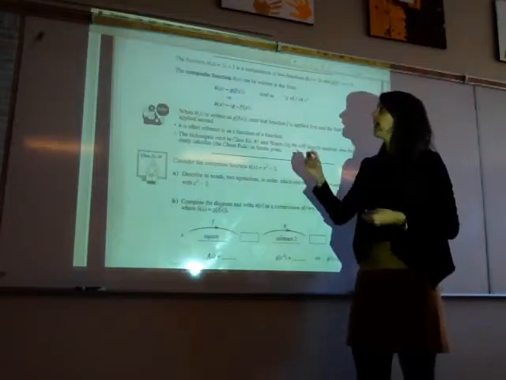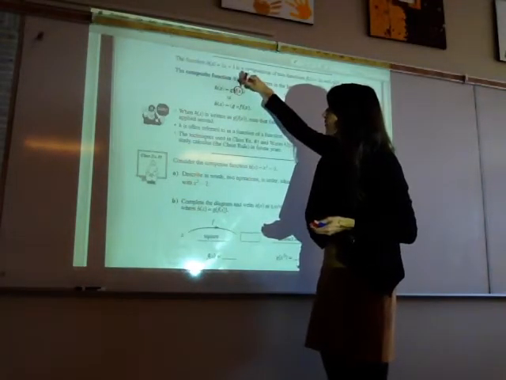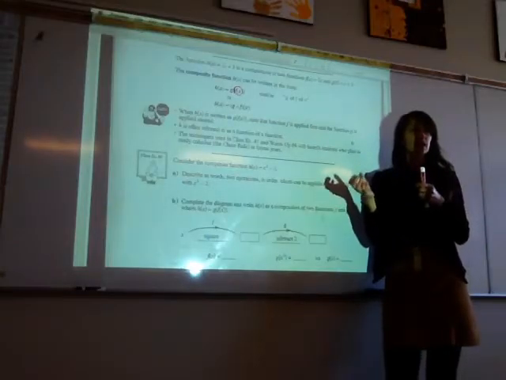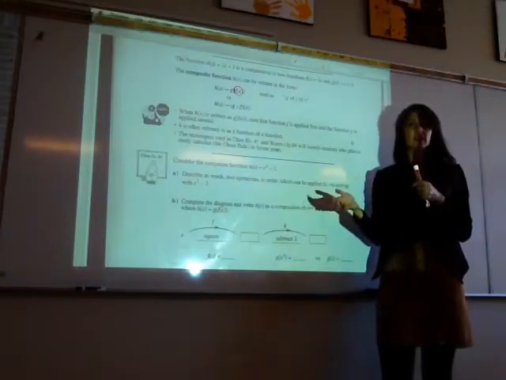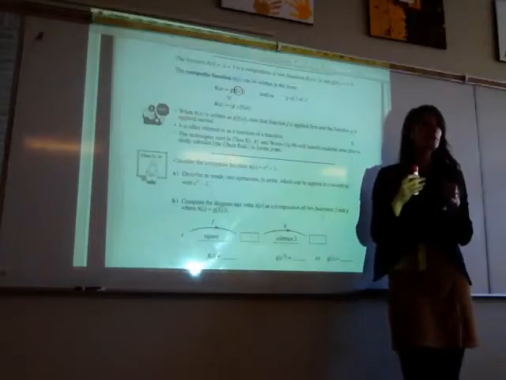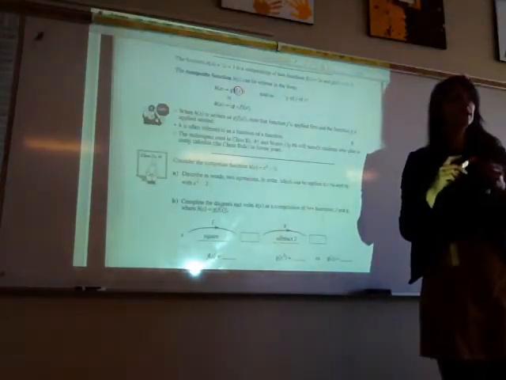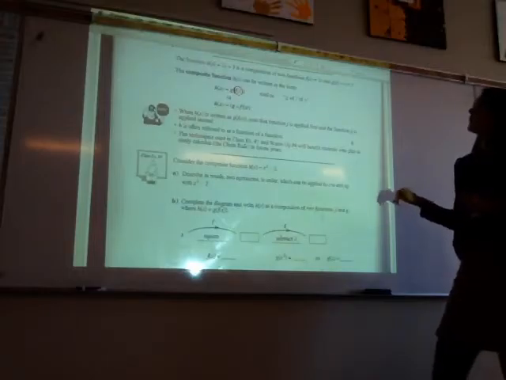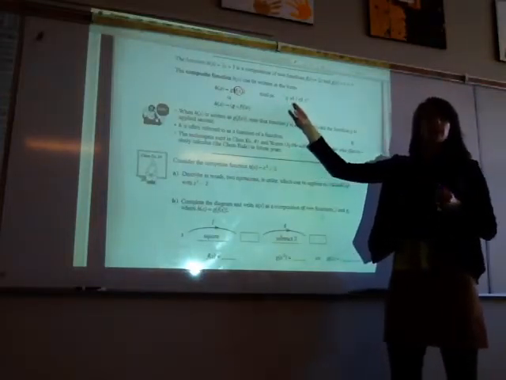Okay, notice that f of x is inside the brackets of g of x. So we're going to put the function f of x into the function of g of x. F of x will replace all the x's in g of x. And we'll go through a few examples to show that a little bit later. Okay, again it's read as g of f of x.